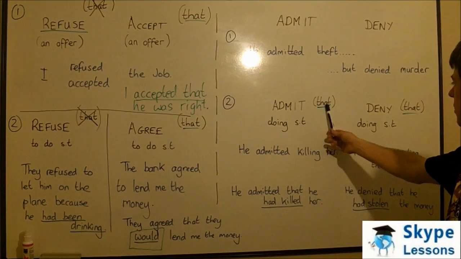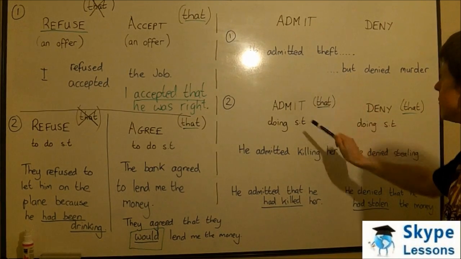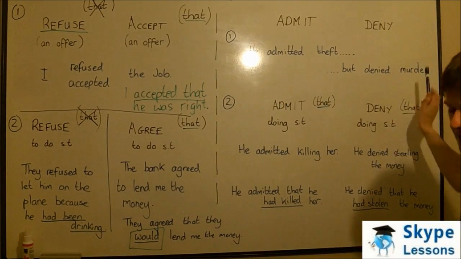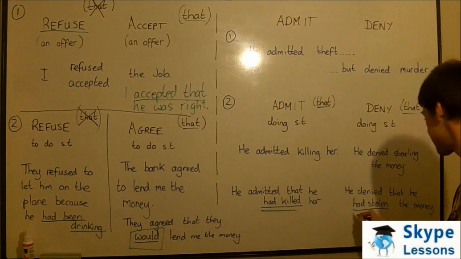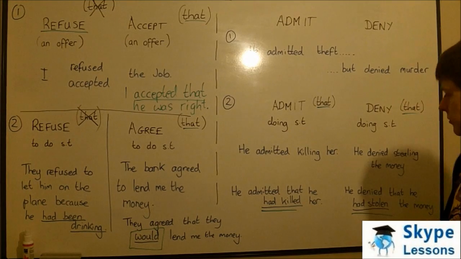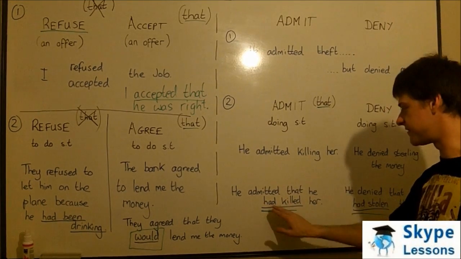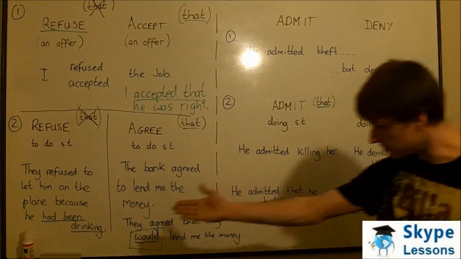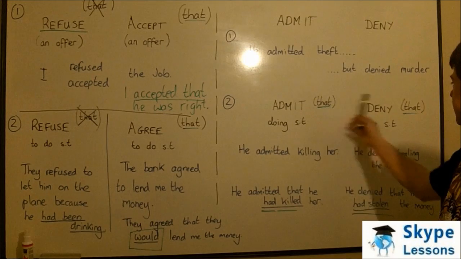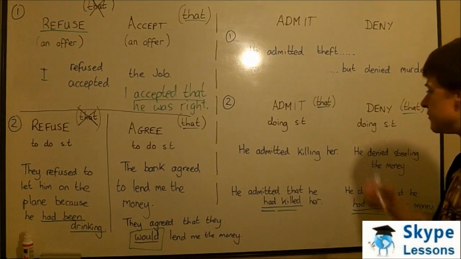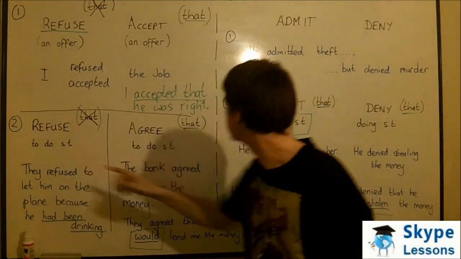You can also use the word that with both of these verbs. He admitted that he had stolen something, he denied that he had killed somebody. Again, notice the had killed, had stolen. It's very important to use past perfect, had done, had been doing, in reported speech. So we could use admit that or deny that, but we can also use gerund with these two verbs. We must use gerund, not to plus infinitive.